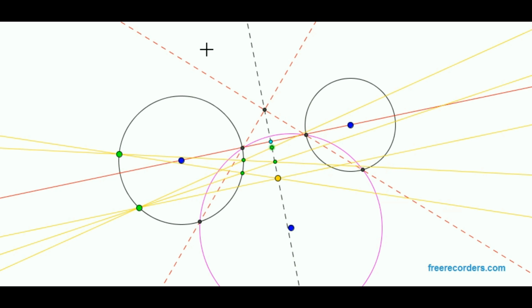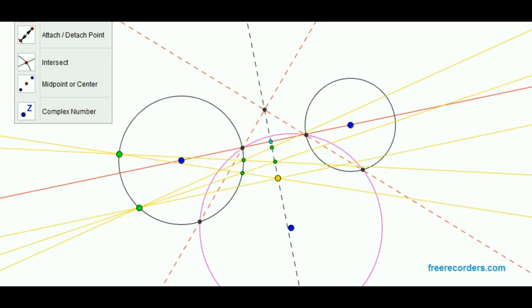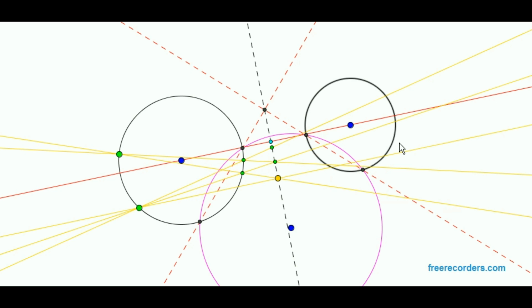Now let's see if we can get the same thing by the right circle. So we've got to pick our points like O and O dash on here carefully. So we'll just choose one to start with.